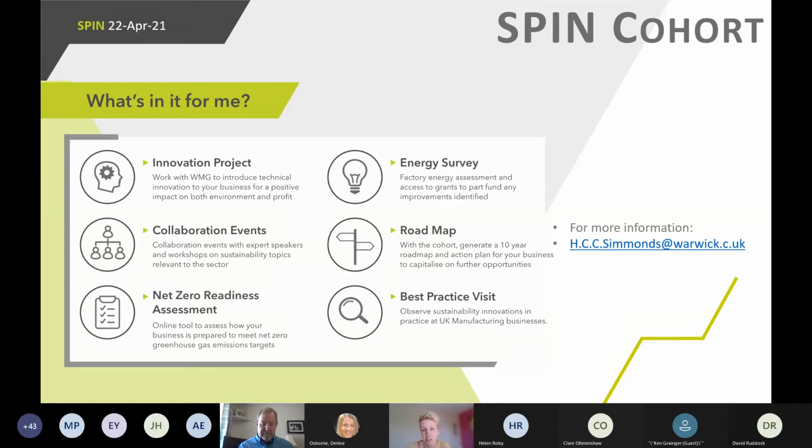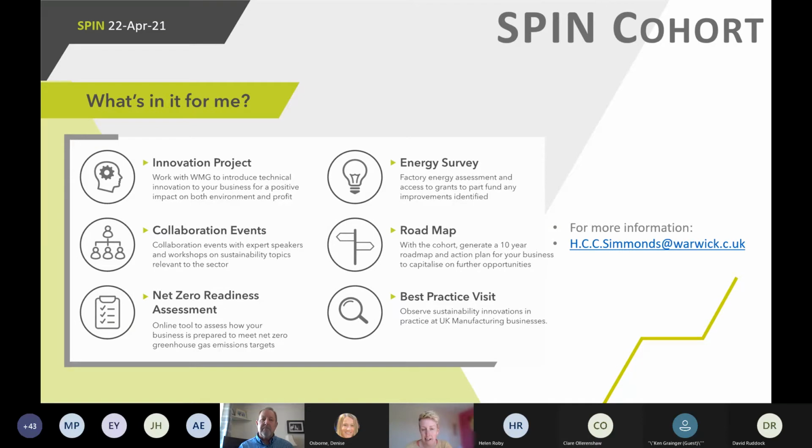Obviously, at the moment, that's quite difficult, but I think it's really important that there's a lot of theoretical learning within these topics, and we really want to consolidate that by going and seeing these things in practice. There's nothing quite like seeing things in real life and getting the conversations that happen there.